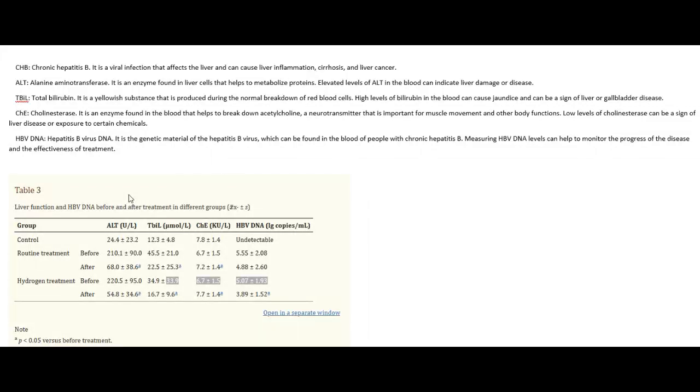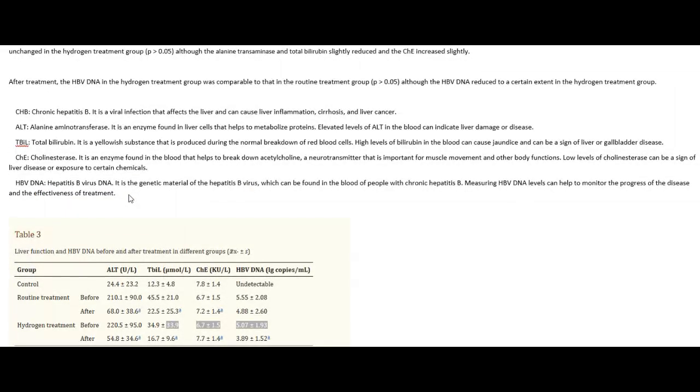And there is the total bilirubin chart, the cholinesterase chart, and, not the chart, sorry, the table cells or mark points, or whatever you want to call it. And there is another one for heavy DNA, and I'm going to tell you the results.